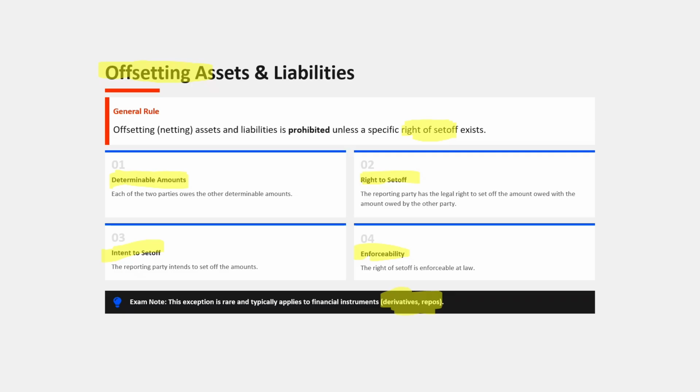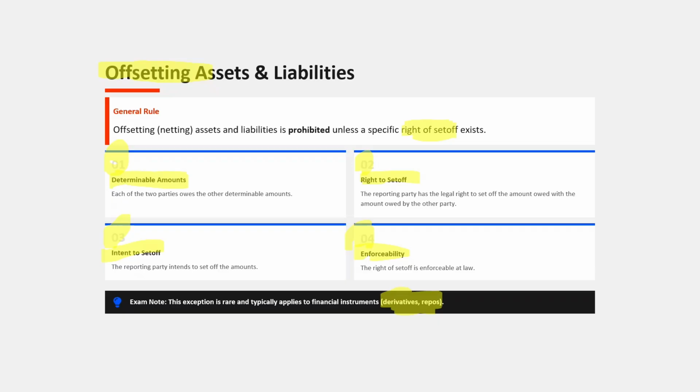Then maybe we provided a service to them, and that created a receivable from them to us for $30,000. So instead of showing them separately, we can net each other because all four of the conditions are met here.